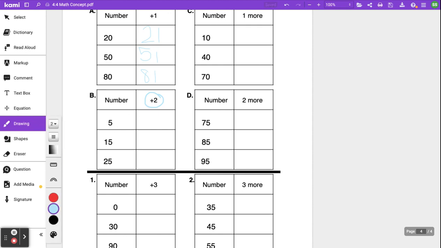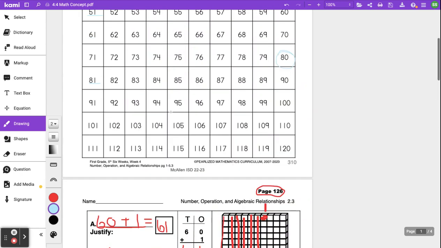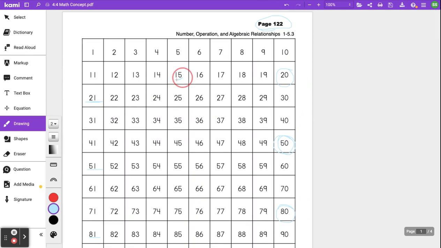You could go back and look at the hundreds chart, but I know you can do that one. 5 plus 2. 5, 6, 7. It is 7. 5 plus 2 is 7. So 15 plus 2, what would that be? 15 plus 2. 1, 2. It's the number 17.